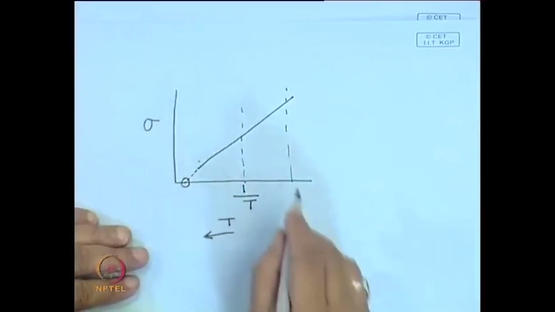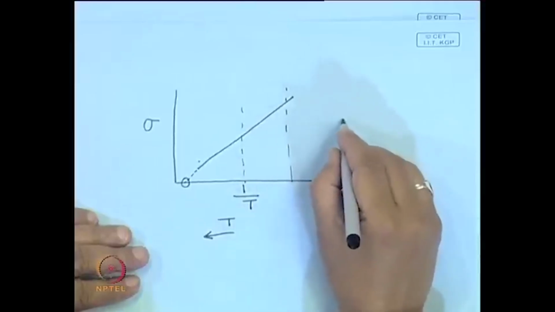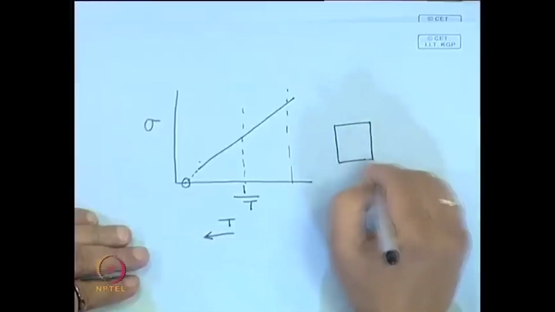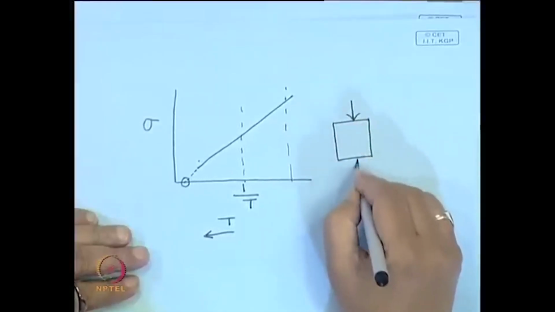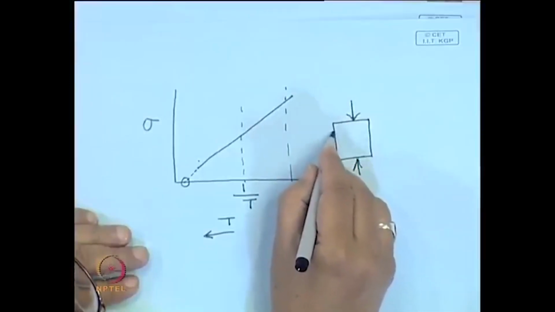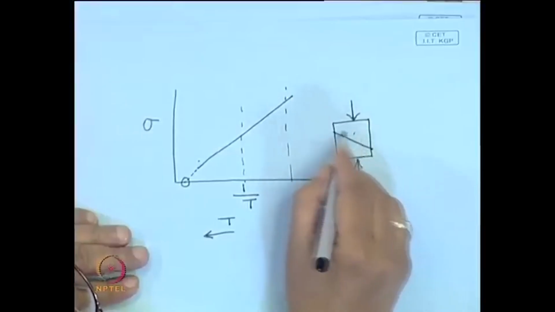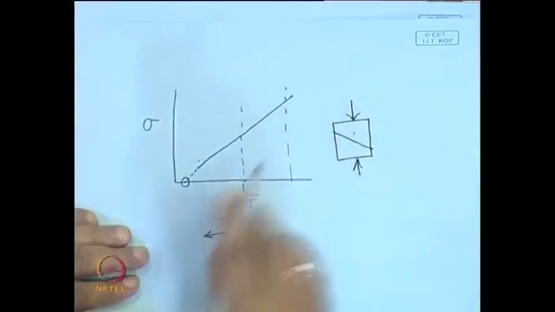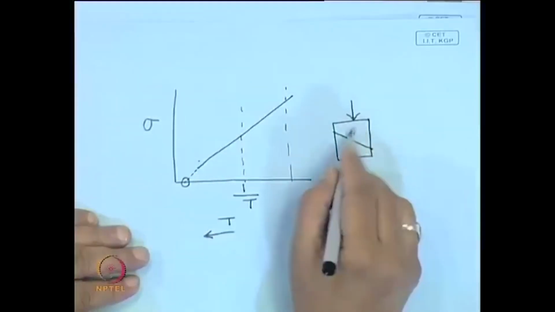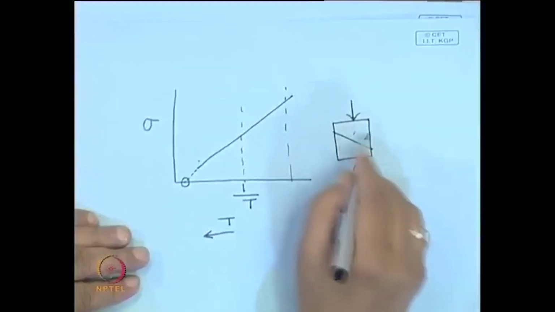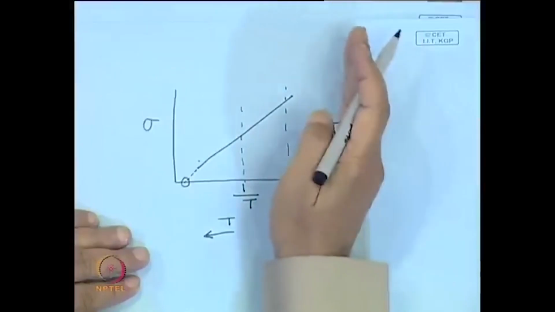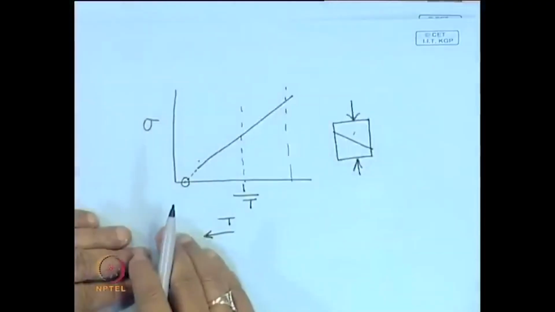In fact, the deformation in solids takes place through shear, and even if you are applying compressive stress, deformation takes place on planes through slip. Deformation in a crystal takes place through slips, and slip is a process of simple shear, and usually the shear planes are inclined at an angle of 45 degrees to the direction of the principal stress.